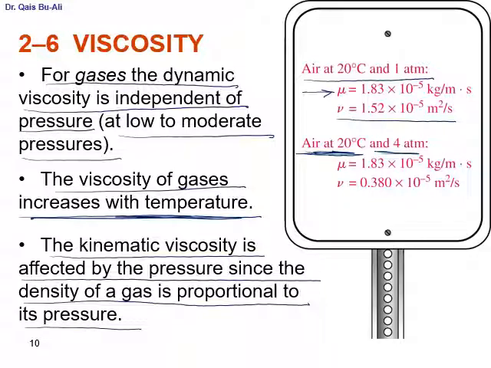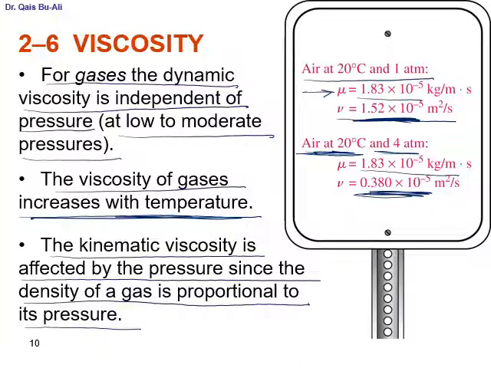It was 1 atmosphere, now it is 4 atmospheres. What happened? The viscosity didn't change. It is 1.83 here, it is 1.83 here. However, the kinematic viscosity did change. It dropped from 1.752 times 10 to the minus 5 to 0.38 times 10 to the minus 5.